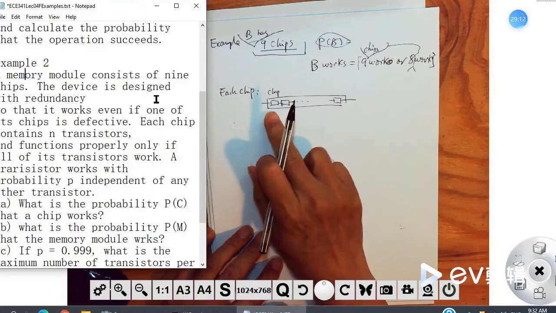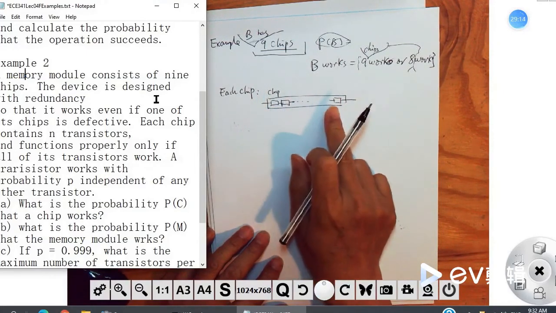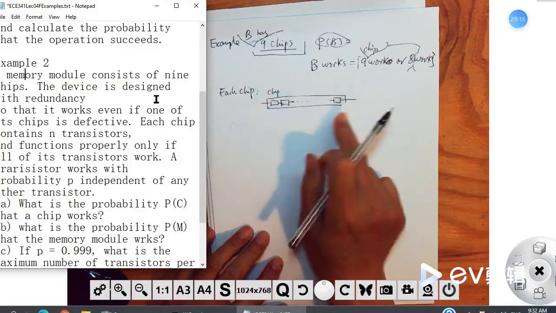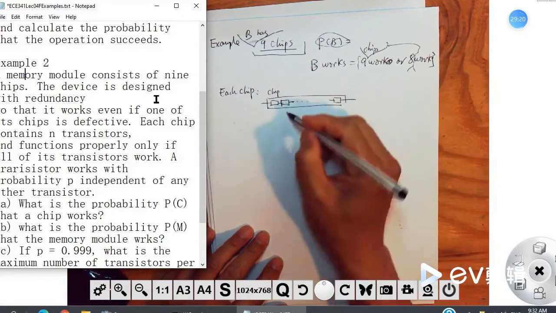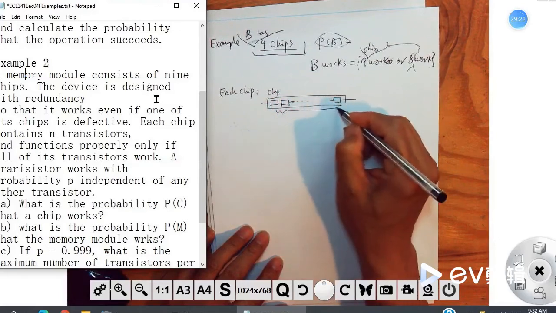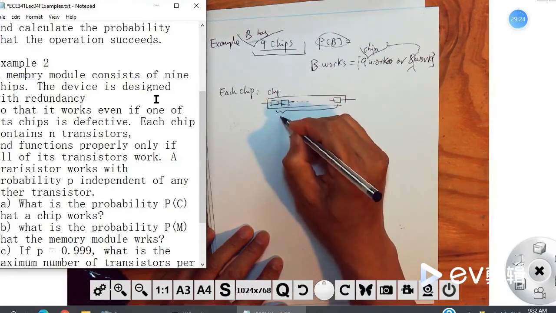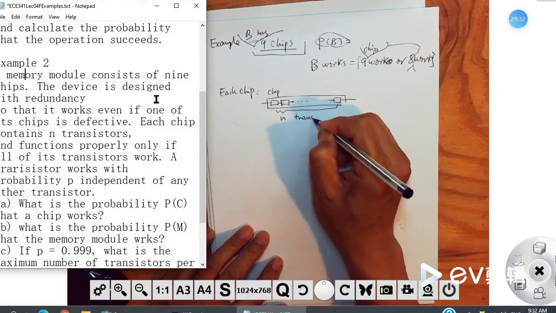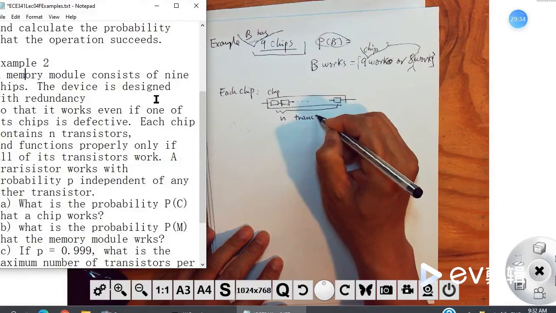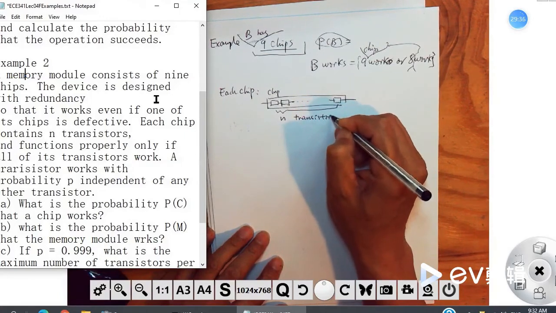You need all of them to work to make sure the whole chip works. If anything is wrong, then it will be wrong. Totally how many? N. N is undetermined. N transistors.